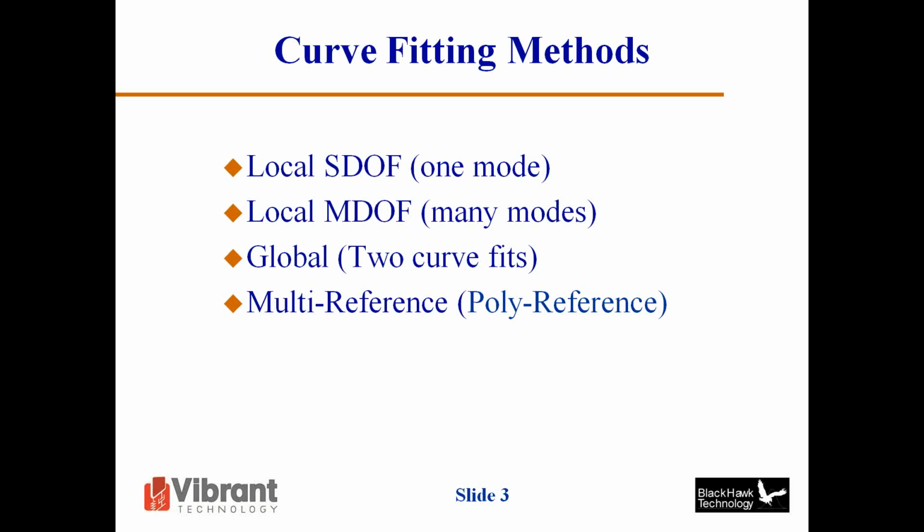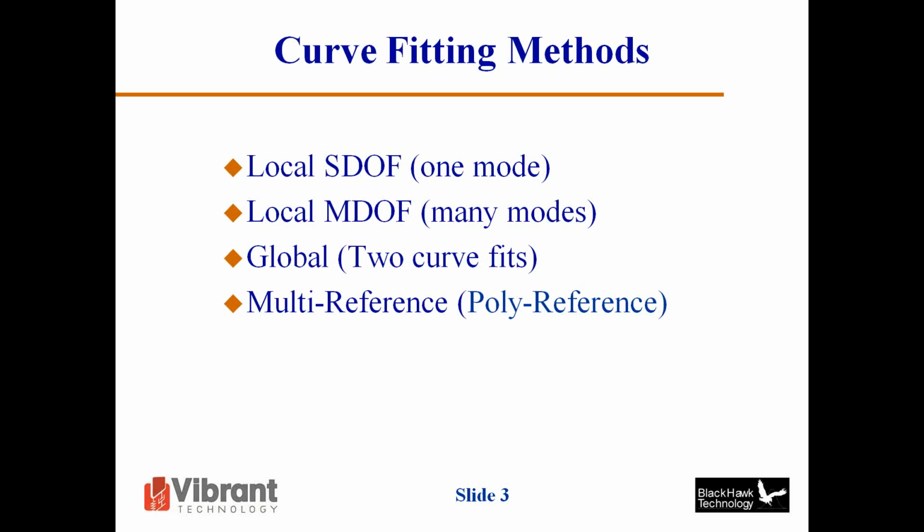Local MDOF means that we are simultaneously identifying parameters of many modes, but local means that we are getting frequency, damping, and residue for each mode in each FRF. Global curve fitting, which we're going to use today, is the most popular one that we have with ME-Scope, and does two curve fitting steps.